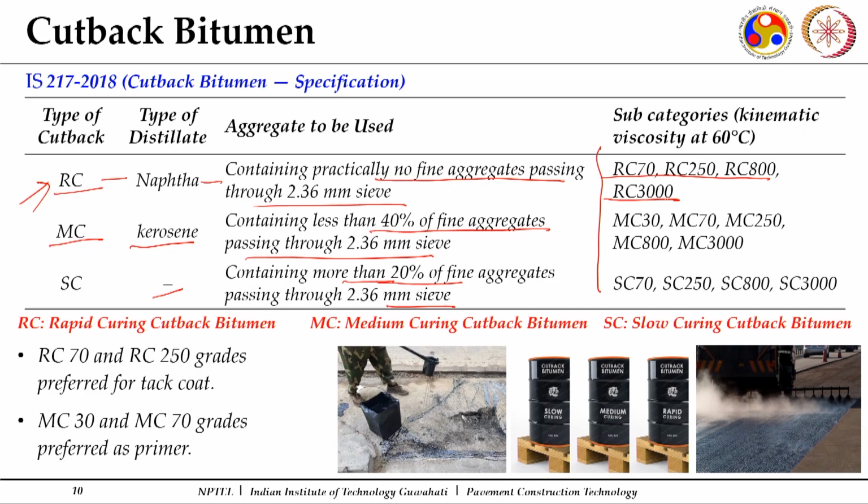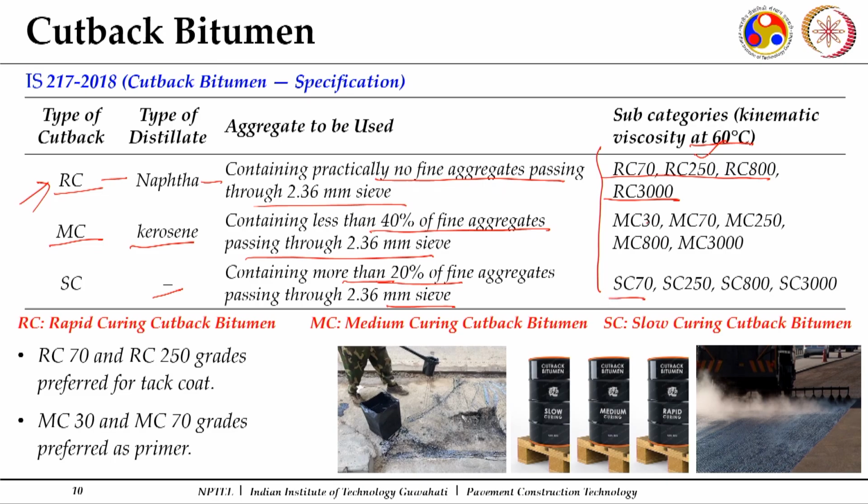What does it represent? RC 70 means the kinematic viscosity of this, when measured at 60 degree centigrade, should be in the range of 70 to 140 centistokes. Similarly, for rapid curing 250, the kinematic viscosity when measured at 60 degree centigrade should be in the range of 250 to 500 centistokes.